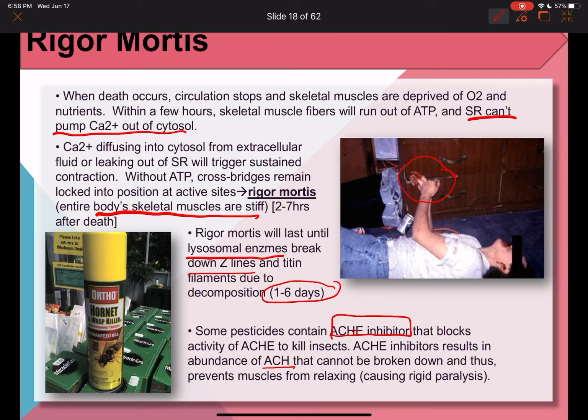It won't be broken down, and the muscles are not able to relax, causing rigid paralysis. So when you spray those pesticides on a bug, you see them freeze in place, and the leg may twitch a little bit, because of that inhibitor doing its job, freezing the muscles and paralyzing them from movement.